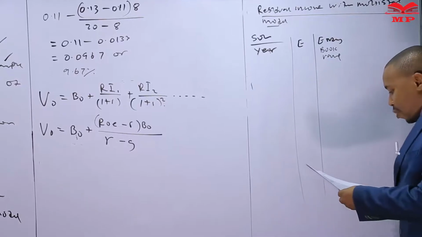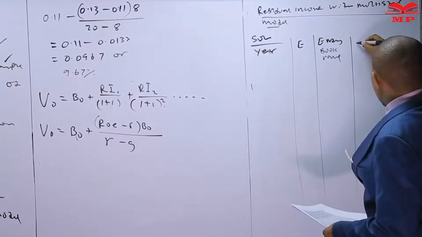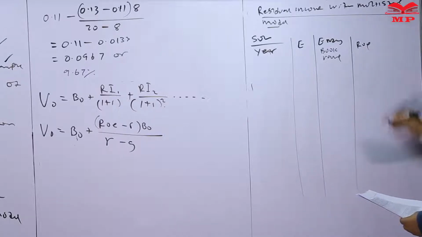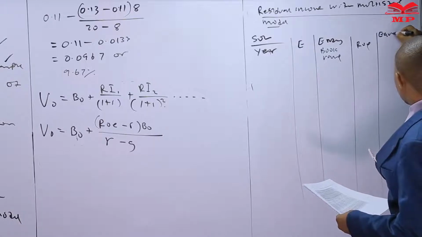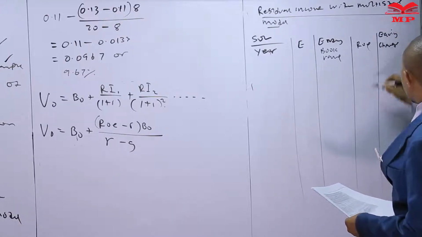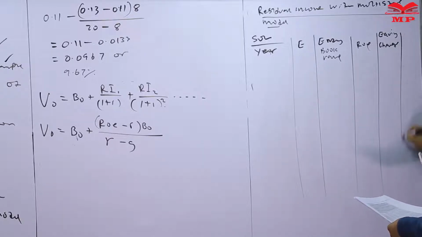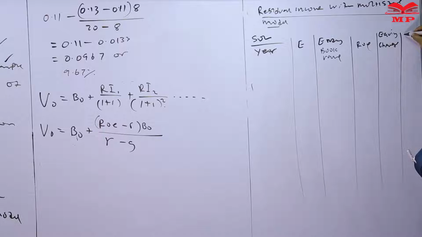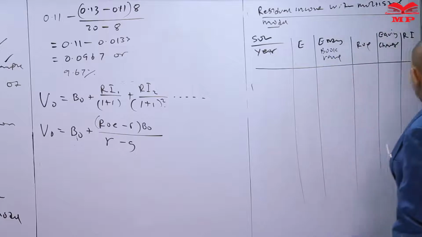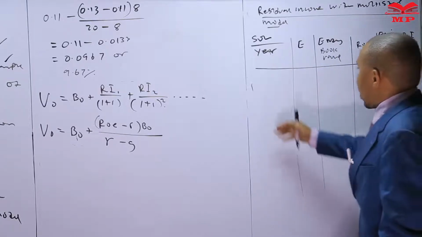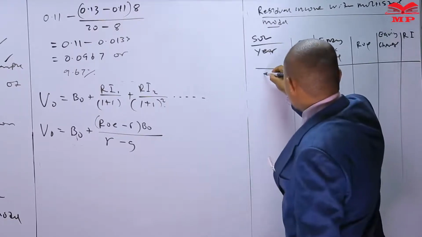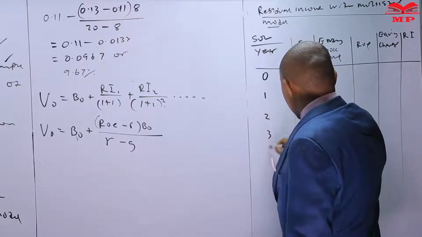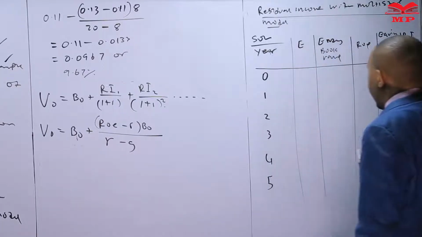Then we also require the ROE given to us, and then the equity charge. And then finally, we have the residual income, RI. So this is the best way we can solve this question. So how many periods do we have to go through? We've been told up to 5 periods. So we start with 0, 1, 2, 3, 4, and 5.